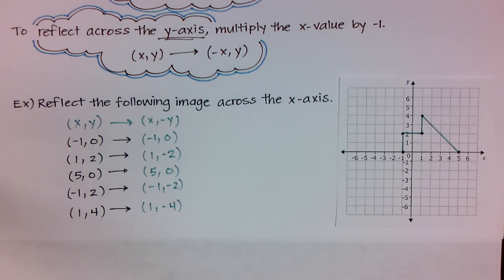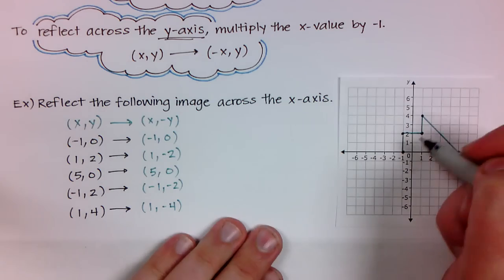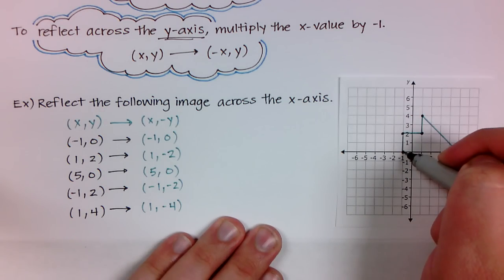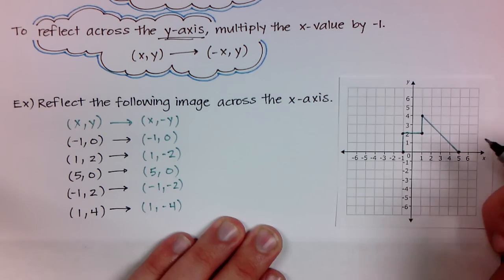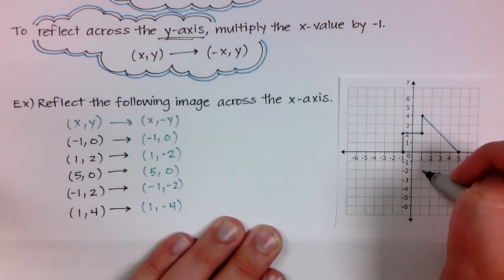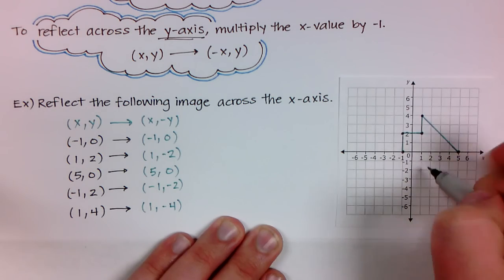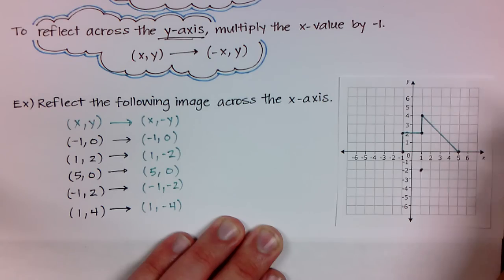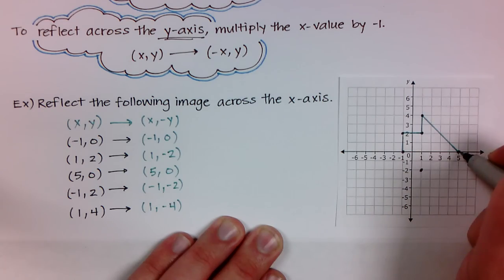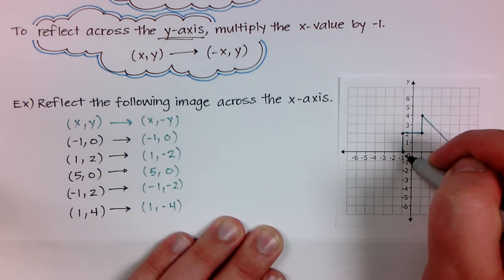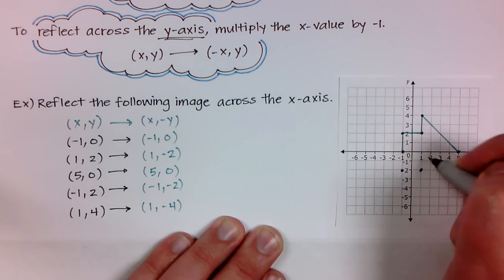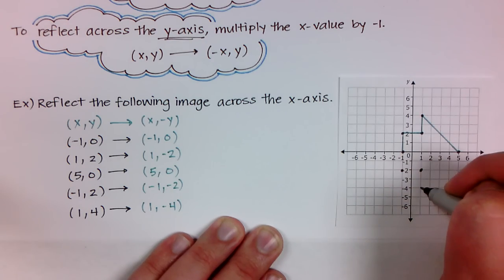So let's go ahead and plot these points, and then we can connect them. -1, 0 is already there. Also 1, -2. 5, 0 is already plotted. -1 down -2, and also 1 down -4.